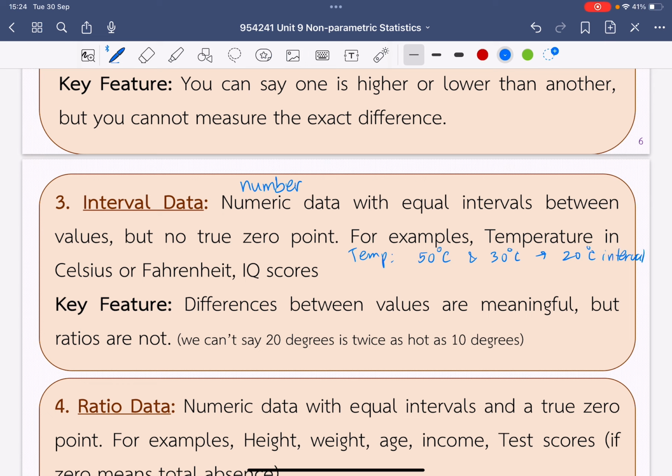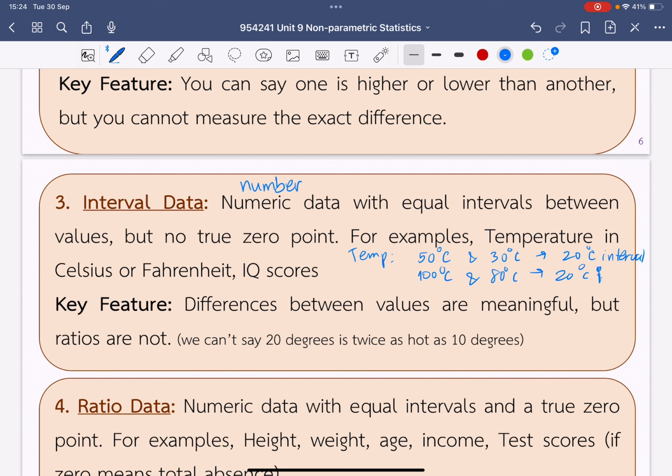And it's going to be the same for 100 degrees Celsius and 80 degrees Celsius. Then the difference is a 20 degrees Celsius interval as well.